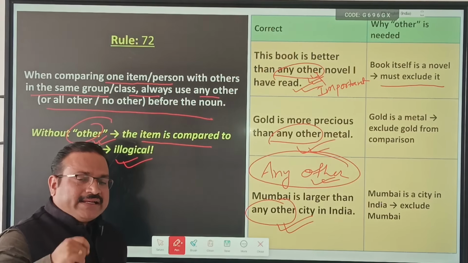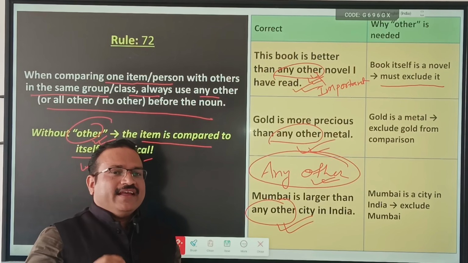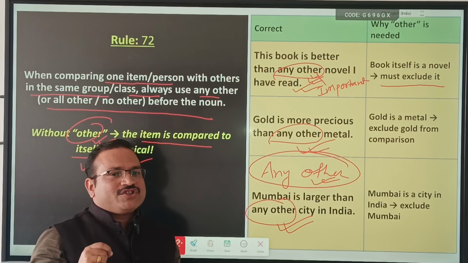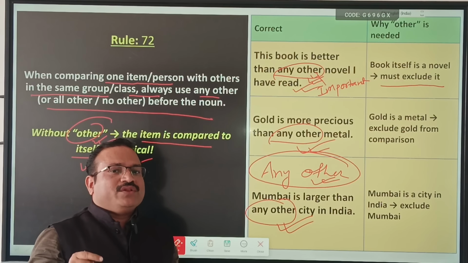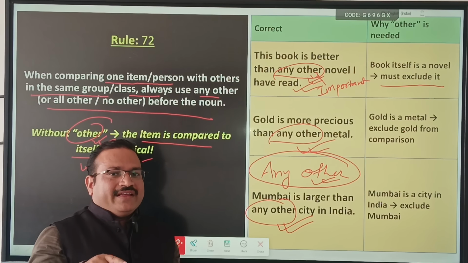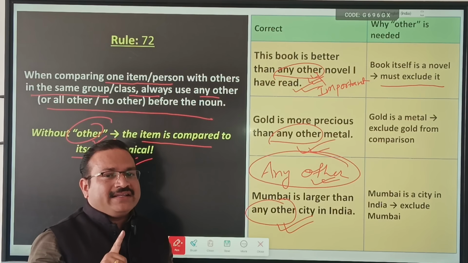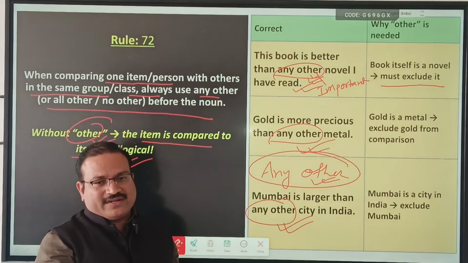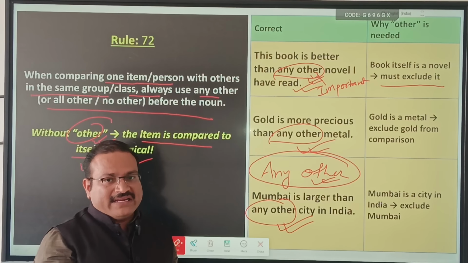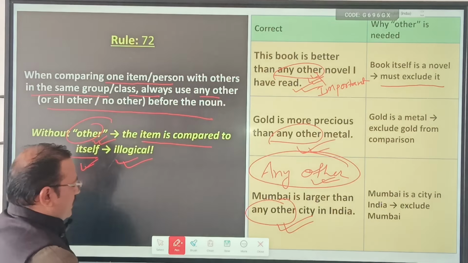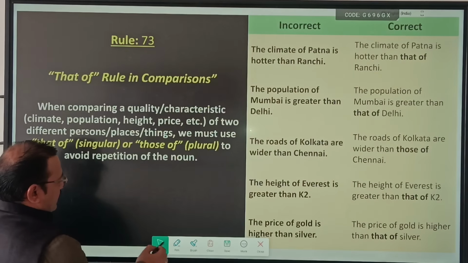So, in a nutshell, any will always be together with what? Other. Any without other would be incomplete and the sentence will be wrong when we are doing comparison.